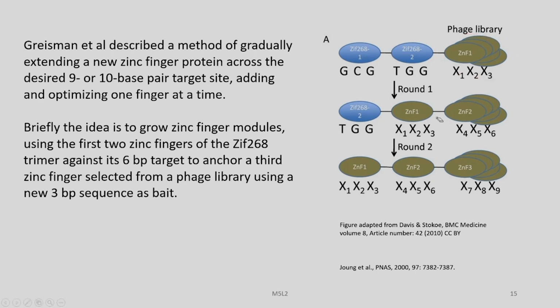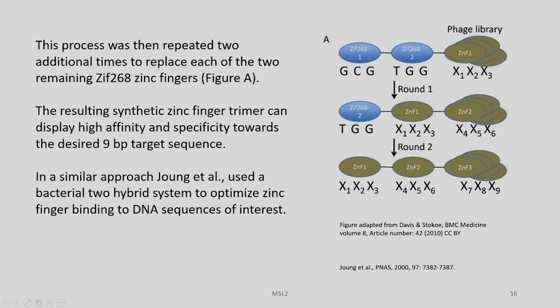After the first round, the second one is replaced, and after the second round the third one is also replaced, and the final construct will have a very high specificity. So, this process involves repetition 2 additional times to replace each of the 2 remaining ZIF268 zinc fingers. The resulting synthetic zinc finger trimer can display high affinity and specificity towards the desired 9 base pair target sequence.